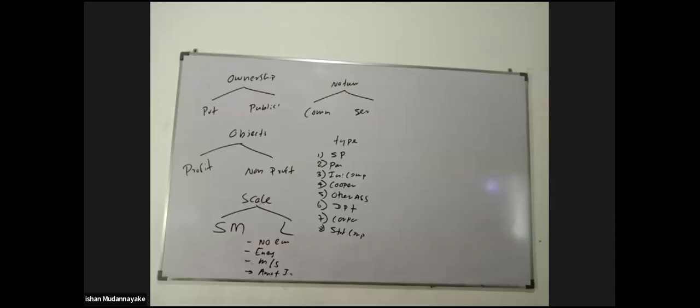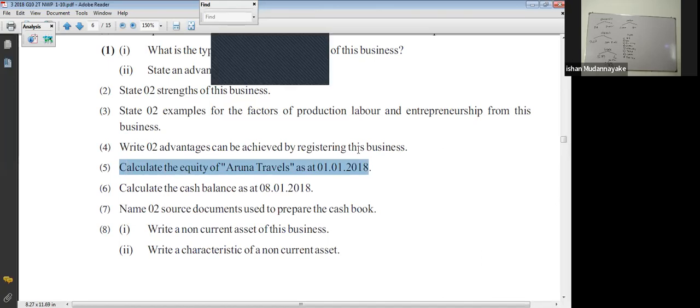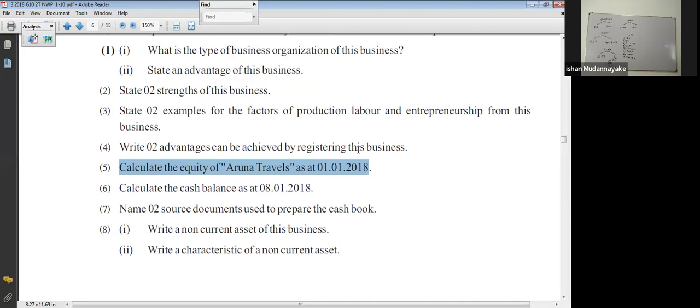Right, now we will move to the next question. Look at the next question. Question number 5. Calculate the equity of Aruna Travel as at 1st January 2018. How much is the equity?